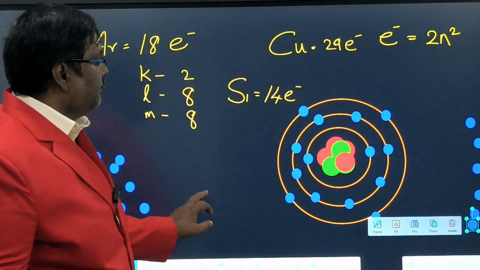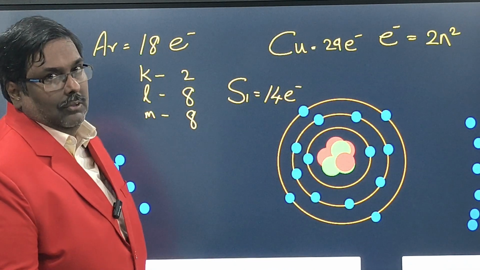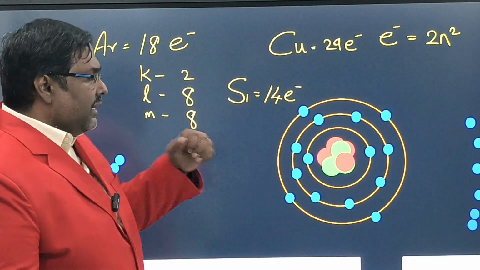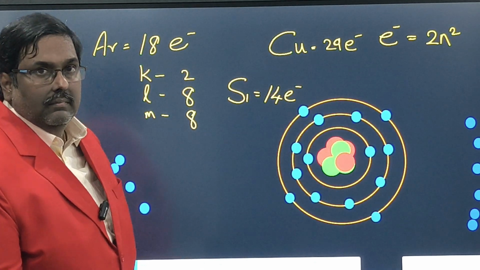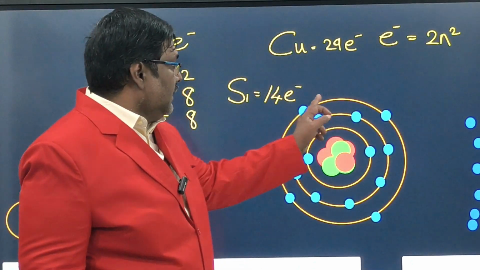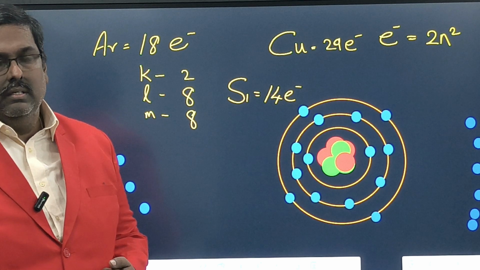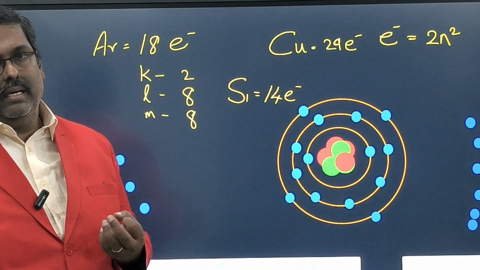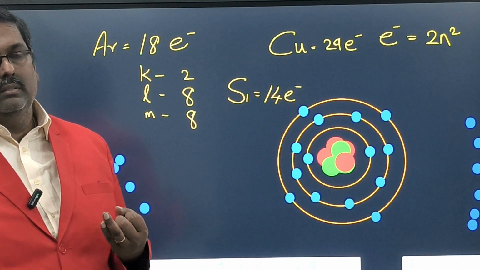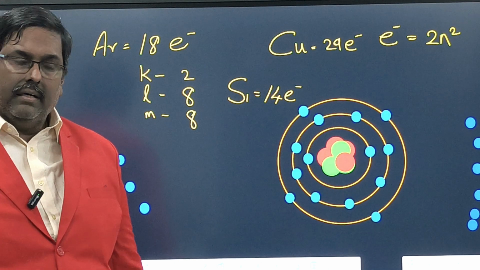Now how many are there? The outer shell has 4. Whichever element has 4 electrons in the outer valence circle, that element is called a semiconductor. Only three elements are there: carbon, silicon, germanium.